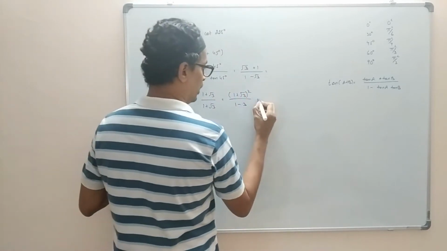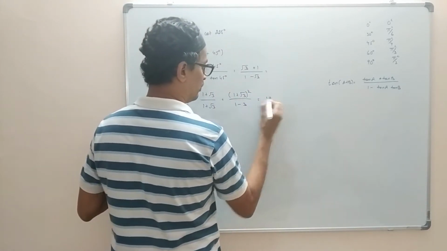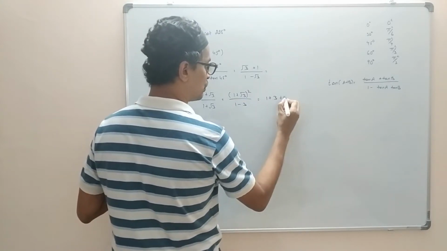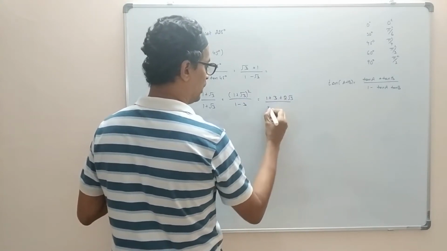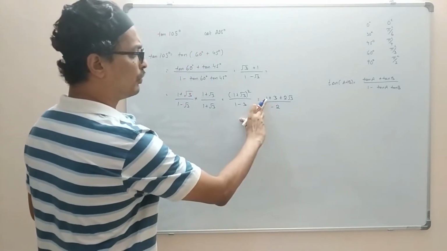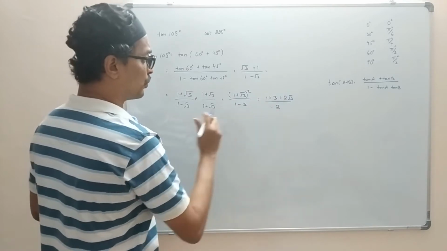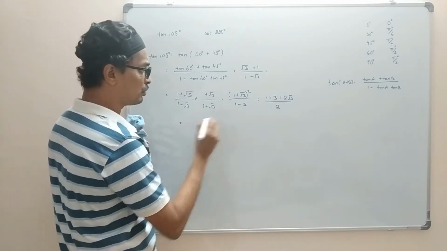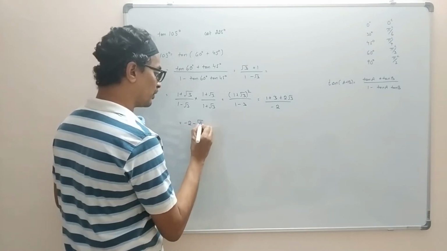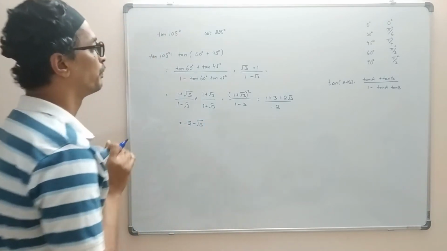So what will this be? This will be 1 plus 3, since root 3 square is 3, plus 2 root 3, divided by minus 2. So this will be 4 plus 2 root 3, so we take a 2 outside. What happened? It is going to be minus 2 minus root 3. So this is the answer.